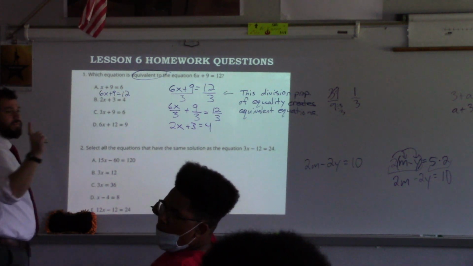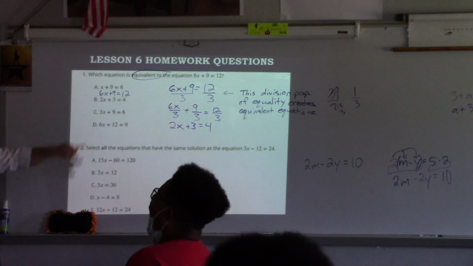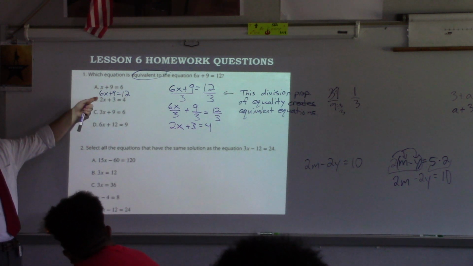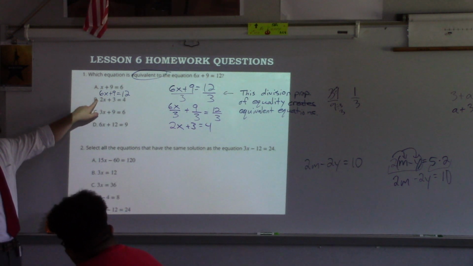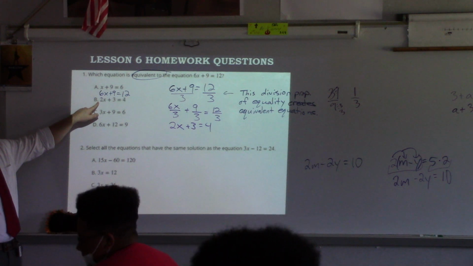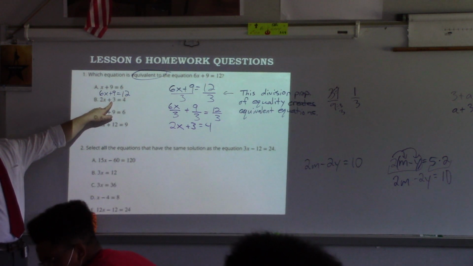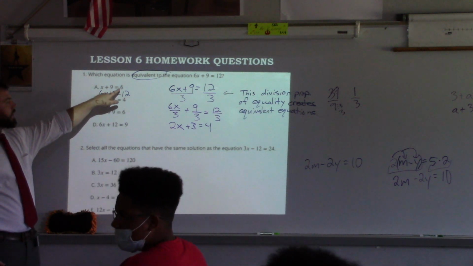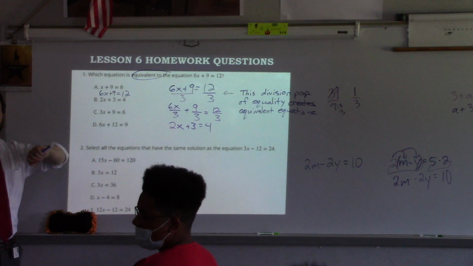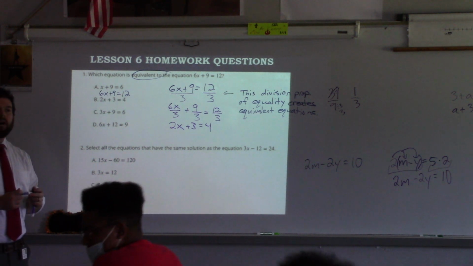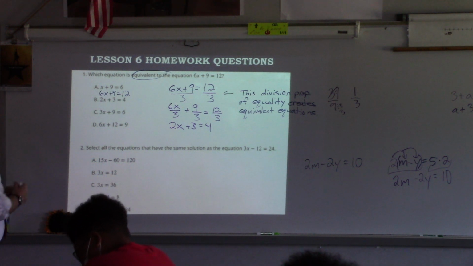More importantly, look at where you're starting and what you're trying to end with. What can you do with 6 to get 2? Divide by 3. What could you do to 9 to get 3? Divide by 3. What could you do to go from 12 to 4? Divide by 3.